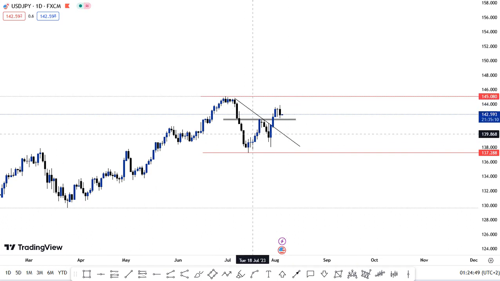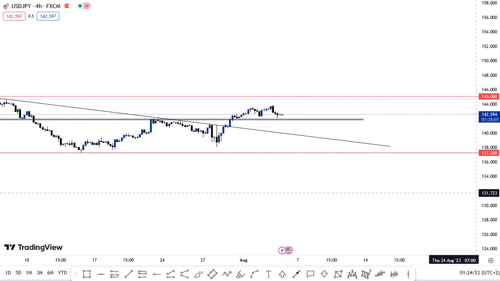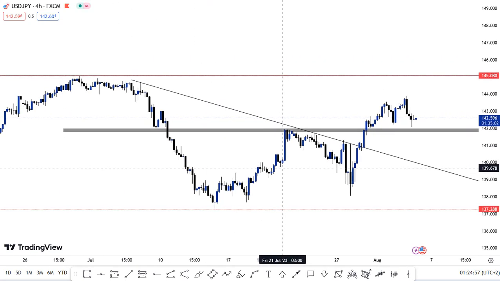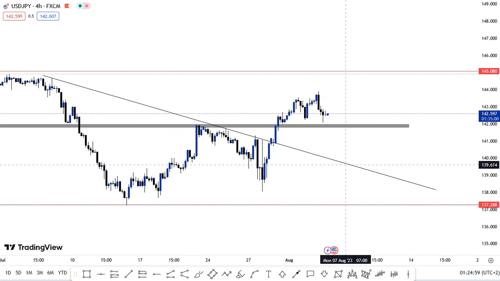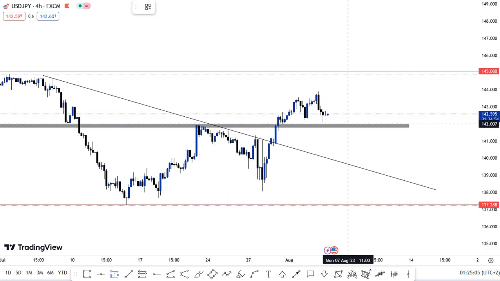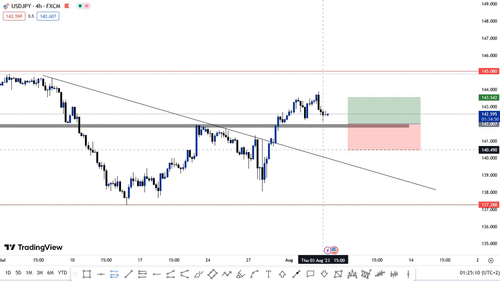So let's go to the 4-hour time frame and see what we have. On the 4-hour time frame, I feel like we're going to be buying from this point too. We're going to be buying as hard.